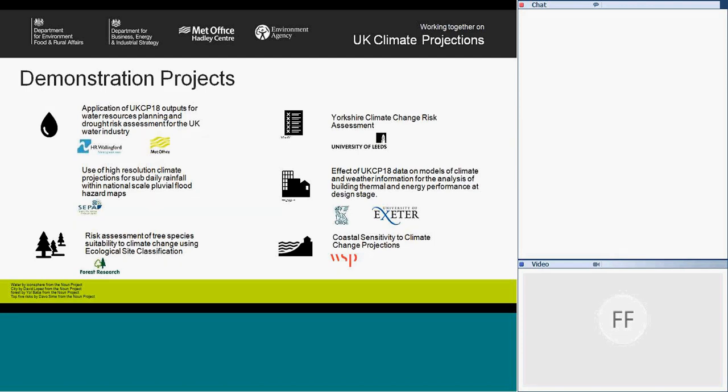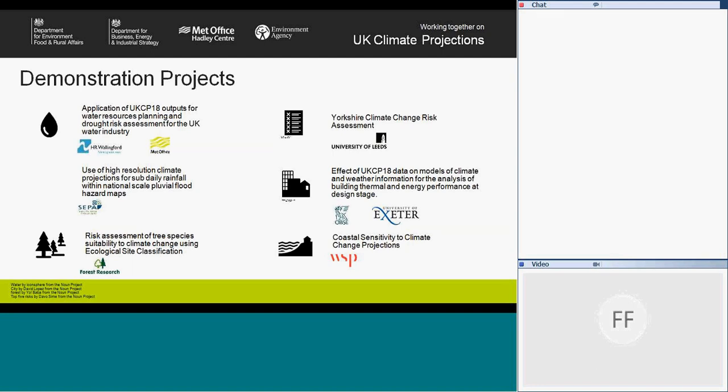Just to make clear, we haven't actually provided any data, so these are more thought experiments, giving each of these projects enough information to think about what's the same, what's different in terms of the data, and what are therefore the opportunities that the UK CPA team could present in the future.